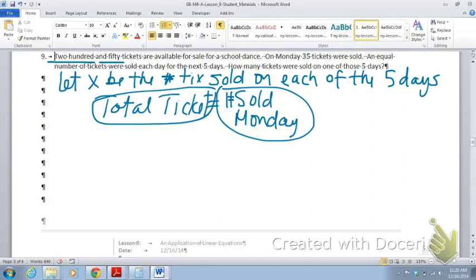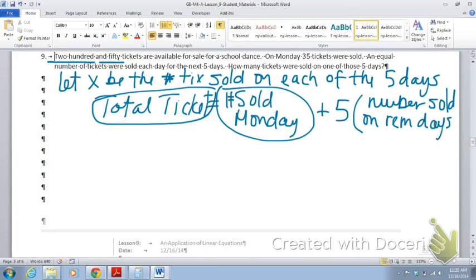So there's the number sold Monday plus 5 times the number sold on the remaining days. Okay, so that's our variable, right? So this is going to be a pretty simple equation to put together. The total tickets is 250. So that equals the number sold on Monday plus 5 times our variable.